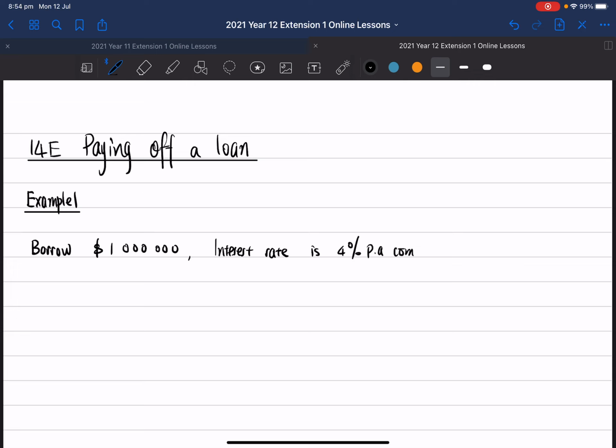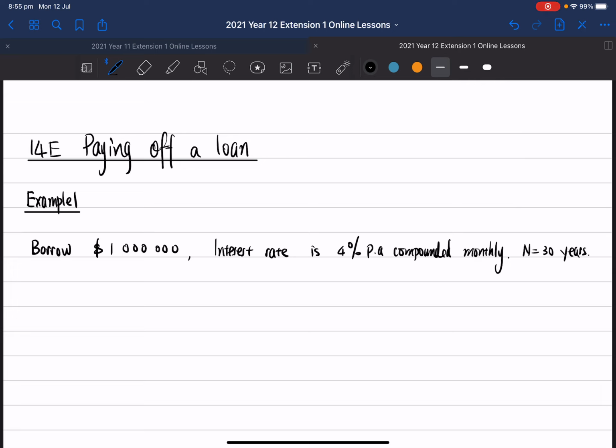However, it's compound monthly. So these are the information about the question. Compound monthly, and then the mortgage term is 30 years, so n is equal to 30. So I'm going to repay that amount of money within 30 years. So n is equal to 30 years.